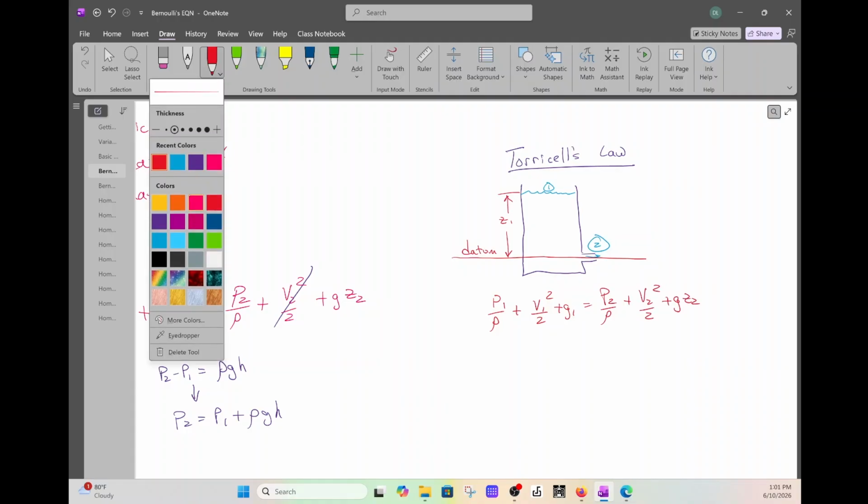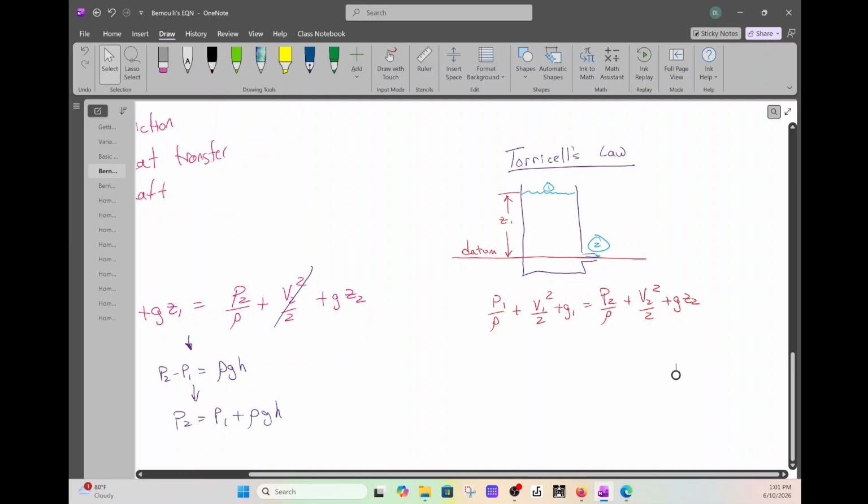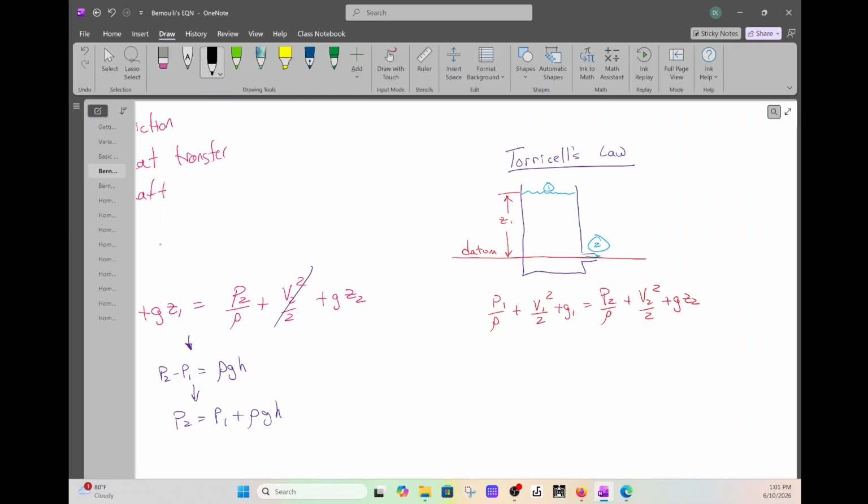We can cancel a few things. We're going to assume that the velocity at 1 is 0 compared to the velocity at 2. Okay, because it's a big tank compared to that small diameter outlet. That velocity is much smaller. We're also going to assume gauge pressure.